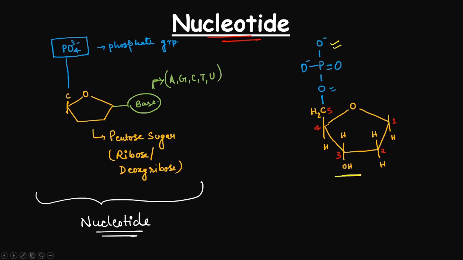of the pentose sugar present on the next nucleotide. In case of polynucleotide, one more oxygen of the phosphate will be engaged, and this time it will be with the hydroxyl group of the 3rd carbon of pentose sugar. And now in case of the first carbon, our nitrogenous base will be attached. So let's suppose we draw cytosine.